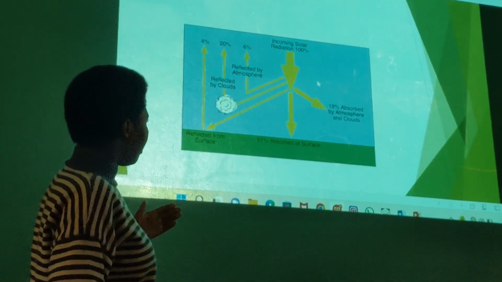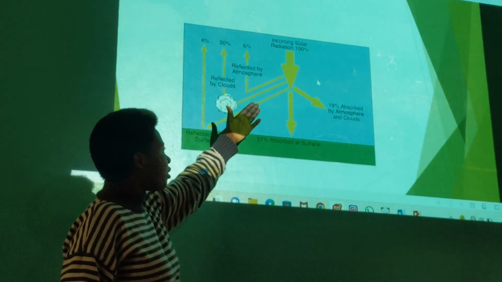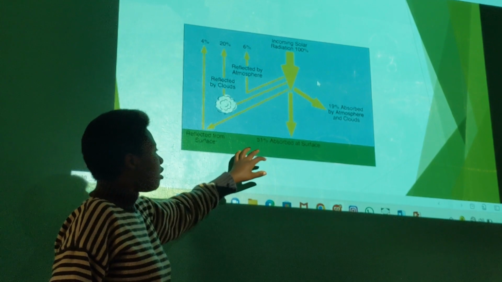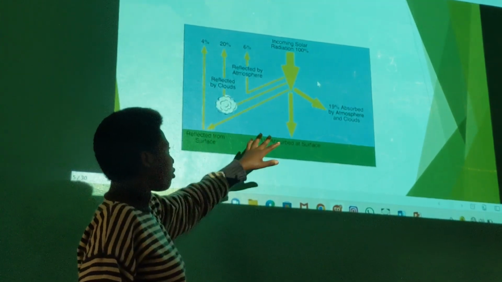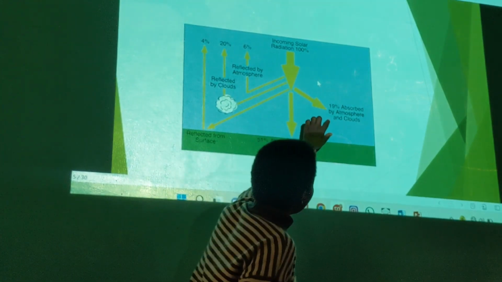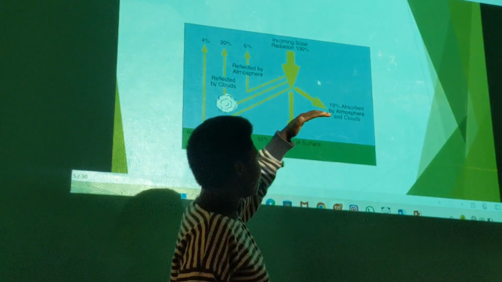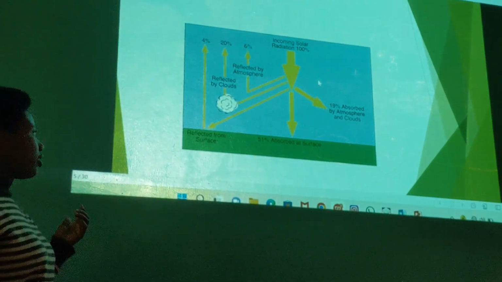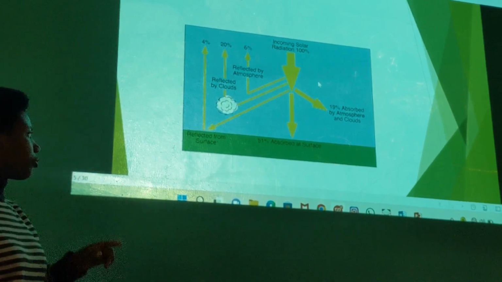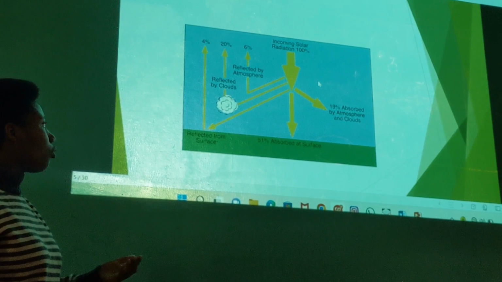So this shows how radiation from the sun does not reach the surface totally, because most of it is absorbed in the atmosphere and the clouds. This means that the energy we see on our surface is low.